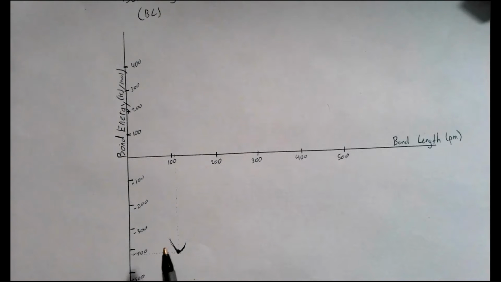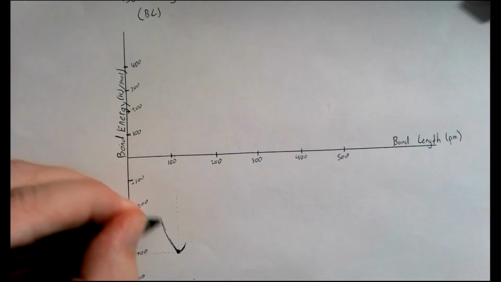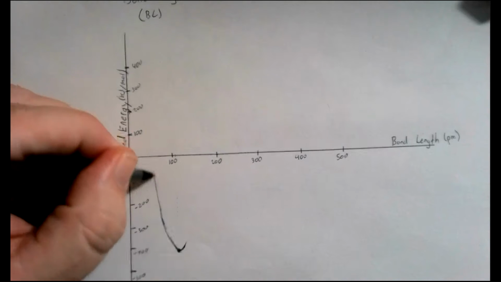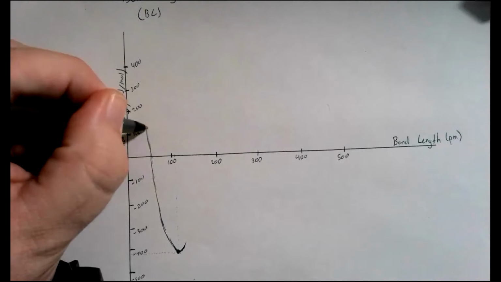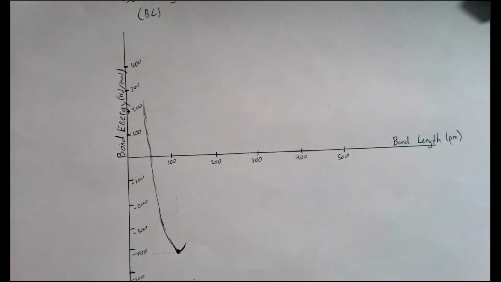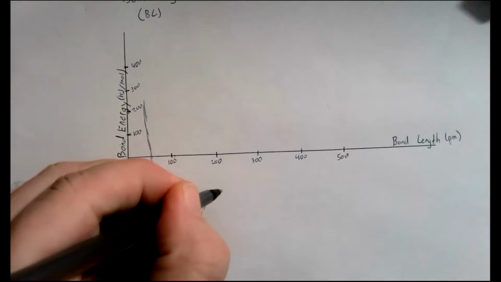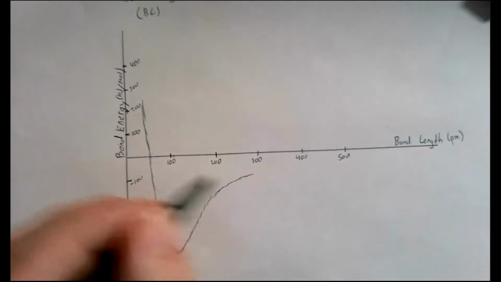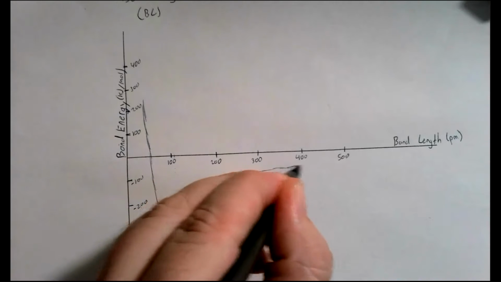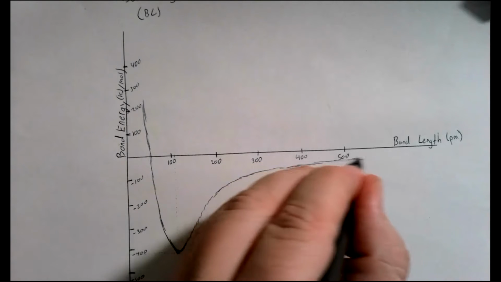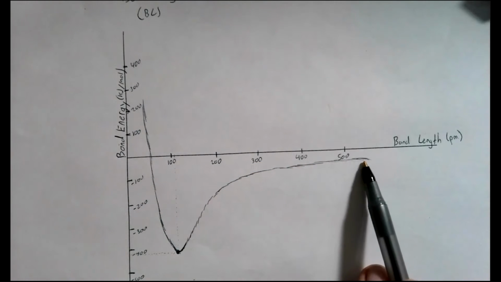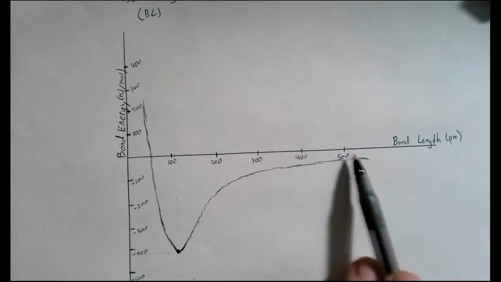And we should know by now, hopefully, that our bond length and bond energy point is the lowest point on the curve, that it goes up quite rapidly to the left, and that it has like a slower build going to the right. And it doesn't quite pass 0 because eventually they are just too far apart from each other.